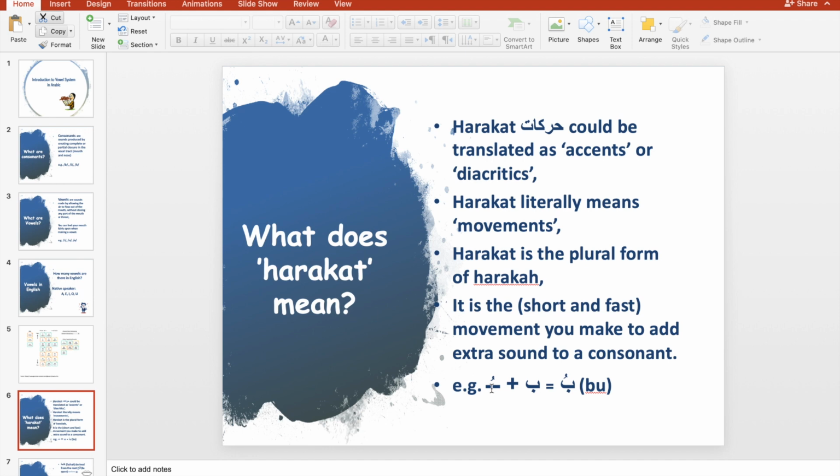In this case, the short, fast movement is when we move our mouth to form rounding lips, so producing oo. This as a whole is pronounced boo.